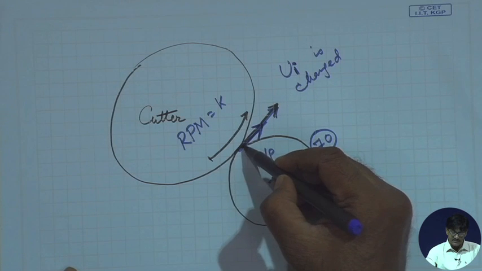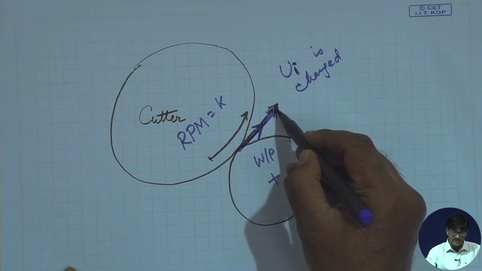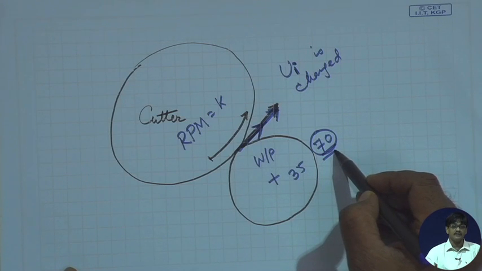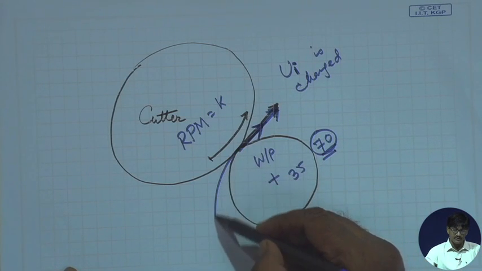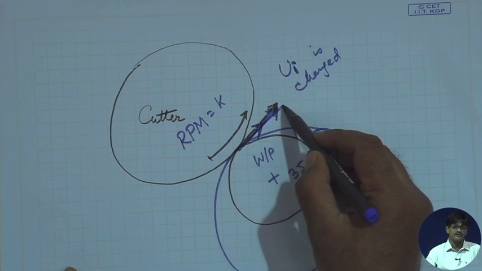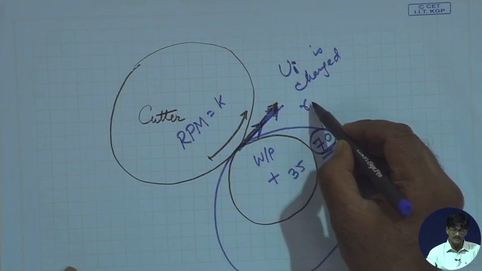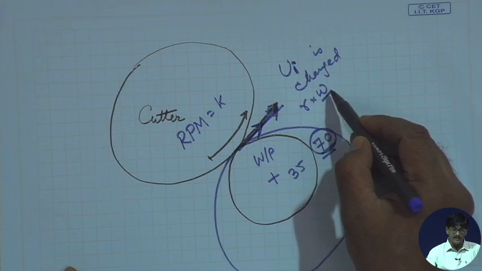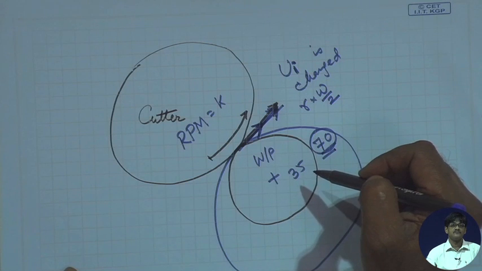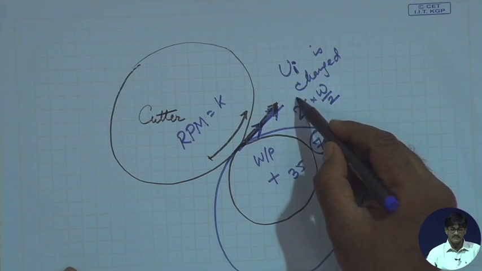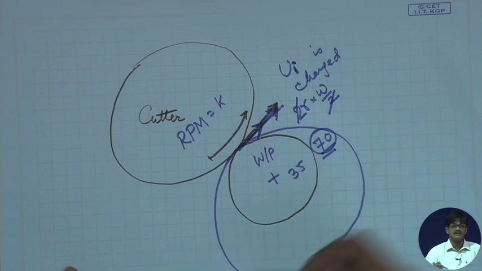But this velocity will still remain the same, because for a 70 tooth gear, the blank is going to be a larger one. So, since this velocity is equal to r into omega, omega is becoming half and r is becoming twice r. So, that r omega still remains constant.